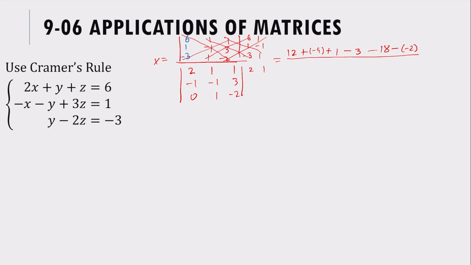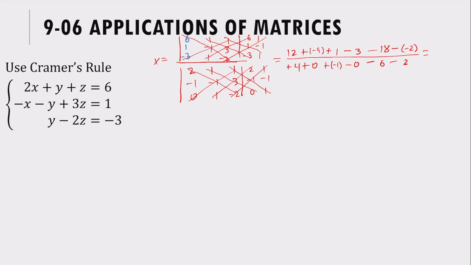Repeat for the bottom. -4, +4, plus 0 plus -1 minus 0 minus 6 minus 2.